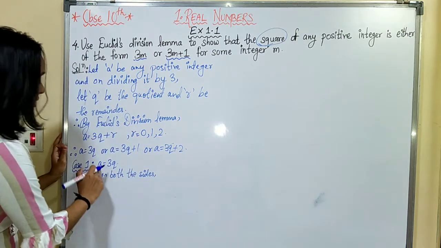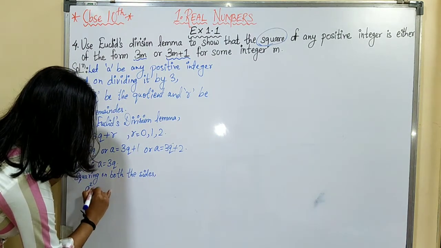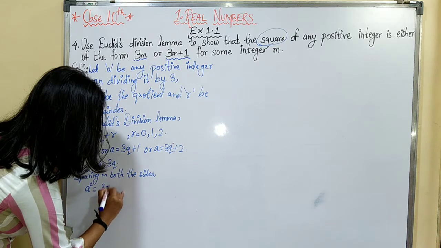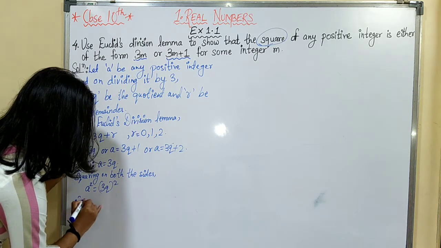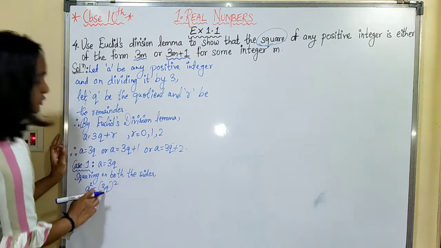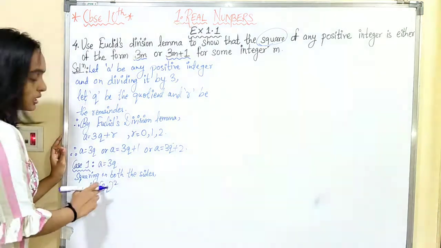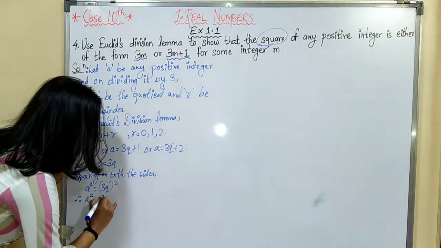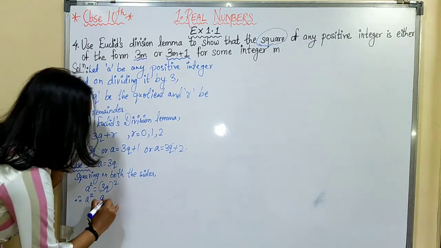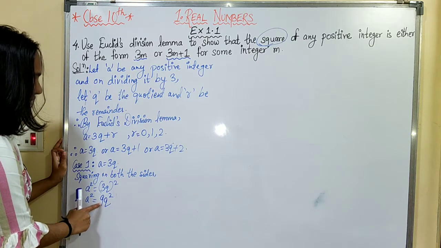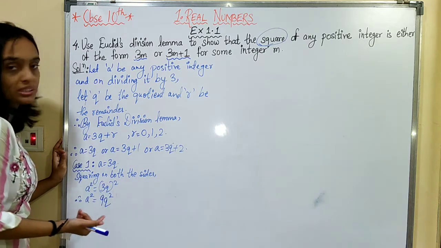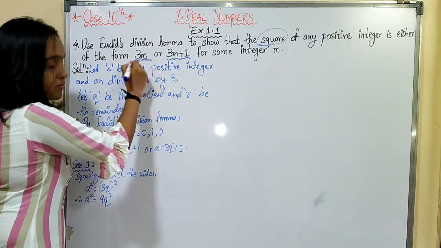So we get a square equals 3q the whole square. Therefore, a square equals 9 q square, since 3 squared is 9 and q squared is q square. But we have to represent it in the form of 3m.